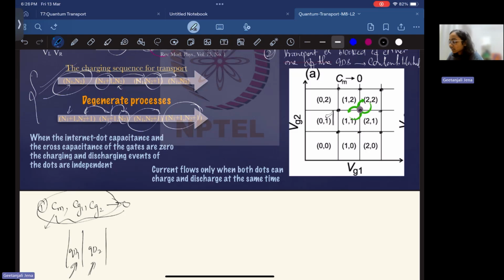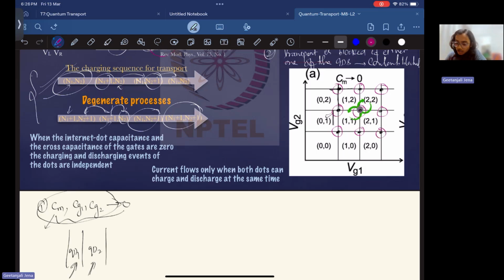The more interesting region of this square or rectangular lattice is the intersection point, which we call the charge triple point. These are the more interesting regions where we'll see the charge transport.